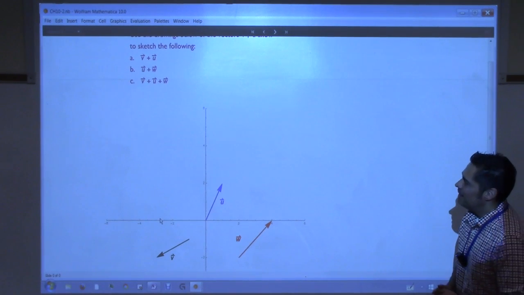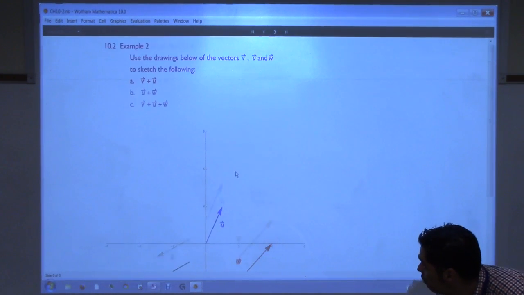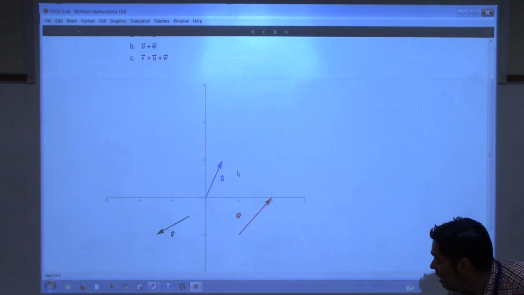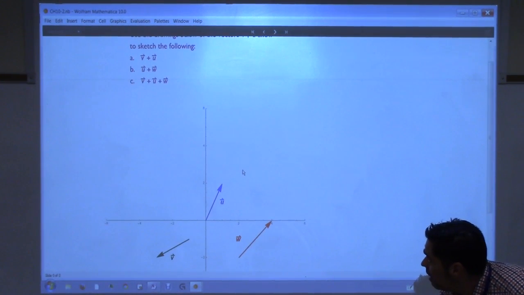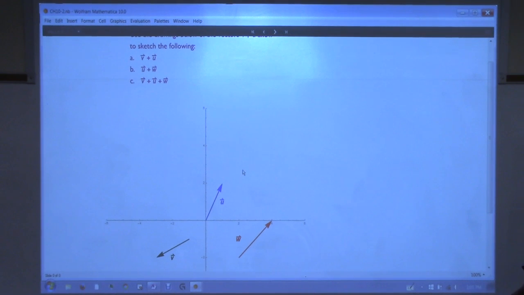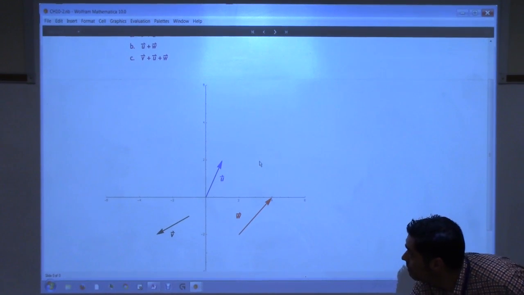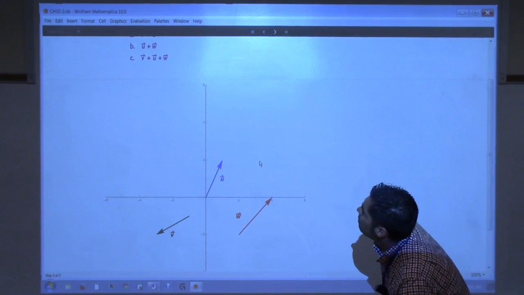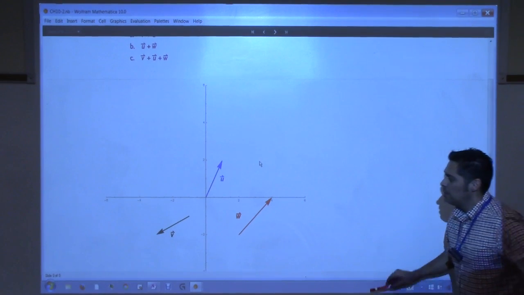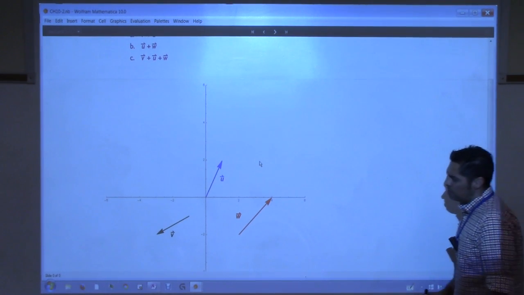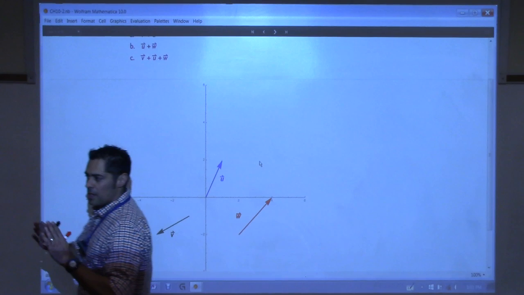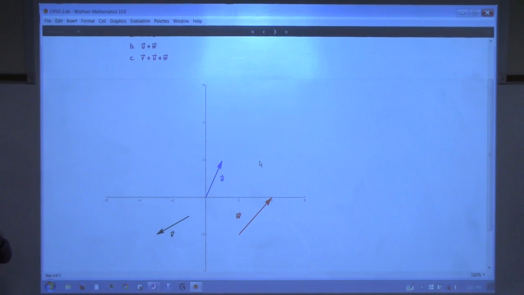All right. So we were talking about vectors last class, and in this example, we're asked to find v plus u, u plus w, and then v plus u plus w. I'm just going to work these on the board. So let's do v plus u first. What we're supposed to do when we add two vectors is attach them tip to tail.